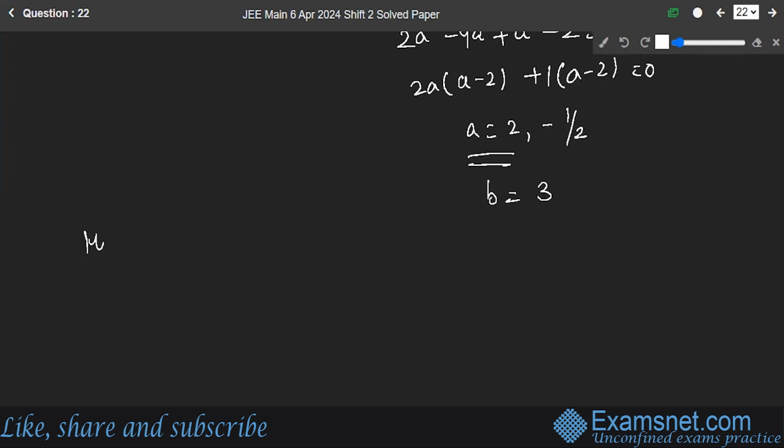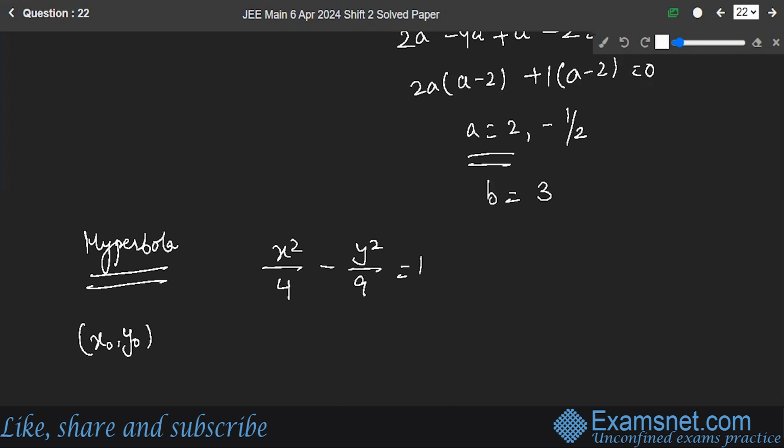Now hyperbola equation we can get. This will be given by x square upon a square minus y square upon b square is equal to 1. So now solving for the x naught, y naught, that is the point of intersection of this hyperbola and the tangent, which is given by this equation, right?